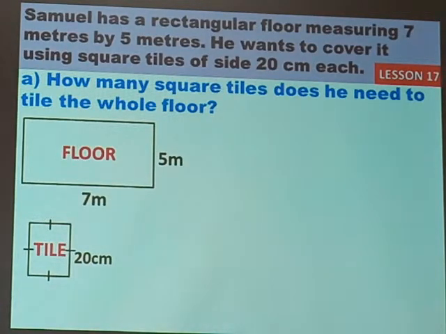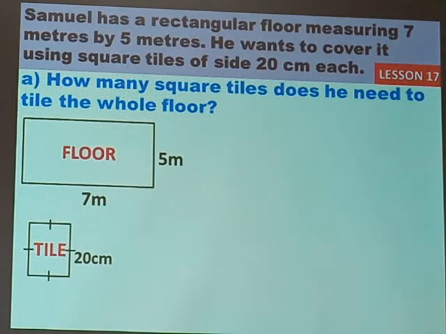How many square tiles does he need to tile the whole floor? You can see clearly there, our floor is rectangular in shape, and our tile is a square. But we want to find out how many tiles we can fit in our floor.